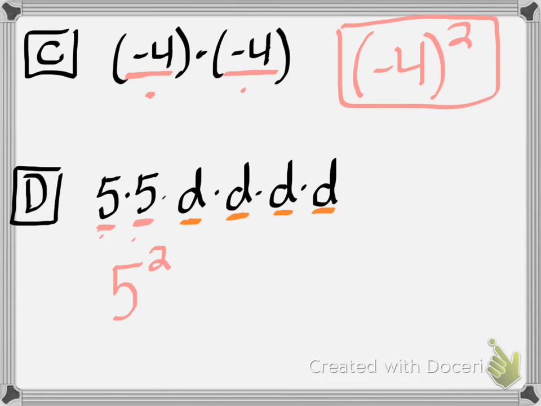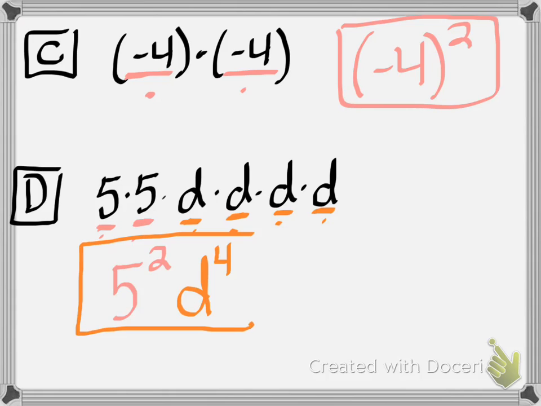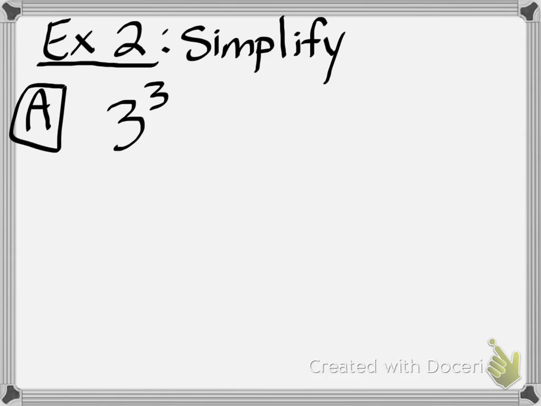Then I'm going to use my base of D, and I have 1, 2, 3, 4 of them. So my answer to D is 5 squared times D to the 4th. It's kind of like the like terms idea, where you can't combine bases that are different. It has to be the same in order to combine them together.